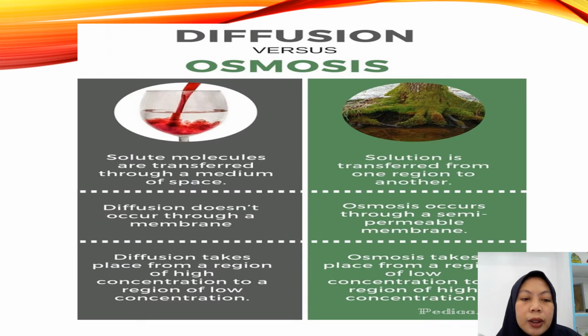In diffusion, it does not occur through a membrane, while in osmosis, it occurs through a semi-permeable membrane. In diffusion, it takes place from a region of high concentration to a region of low concentration, while on the other hand, osmosis takes place from a region of low concentration to a region of high concentration. So they are opposite, no?